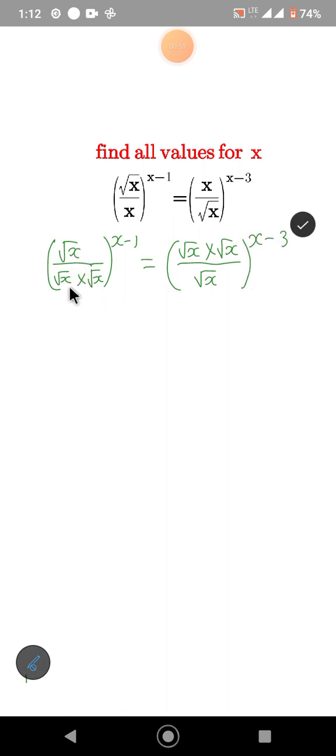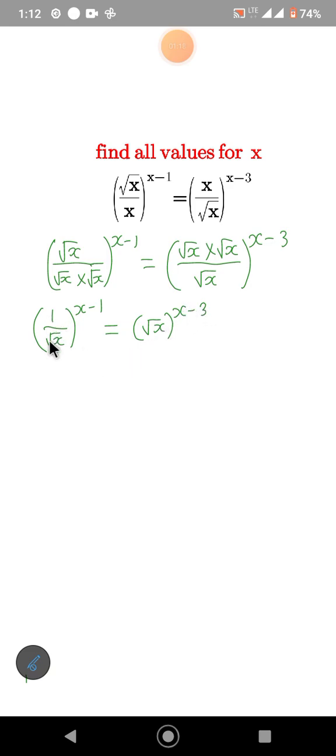Now, root x will divide root x, so we are left with 1 over root x, close bracket, raised to the power of minus 1, equal to, why here root x divides root x, so we are left with root x raised to the power x minus 3.